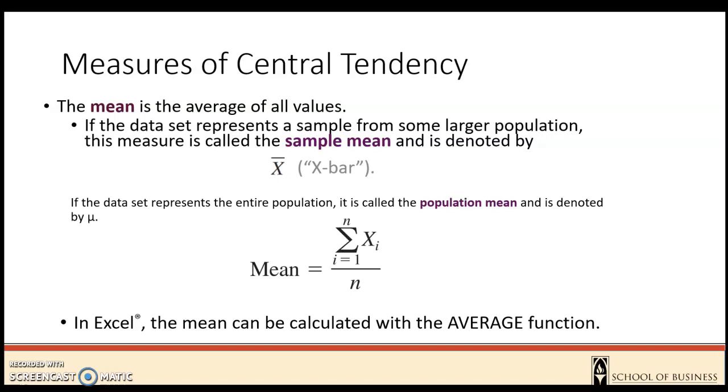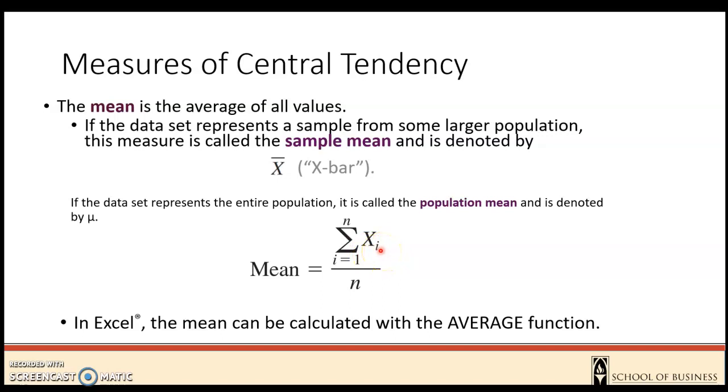Now the important thing to remember is if we're dealing in a population, we're going to be using the Greek letter mu to denote the population mean. So our mean, how do we put it together? We simply take all of the values together. That's what X is. Just X by itself is a value.